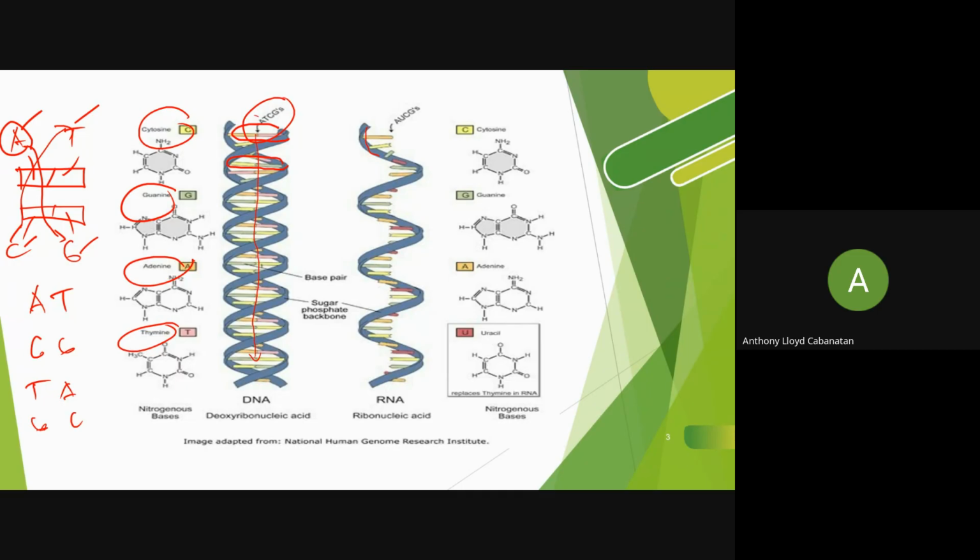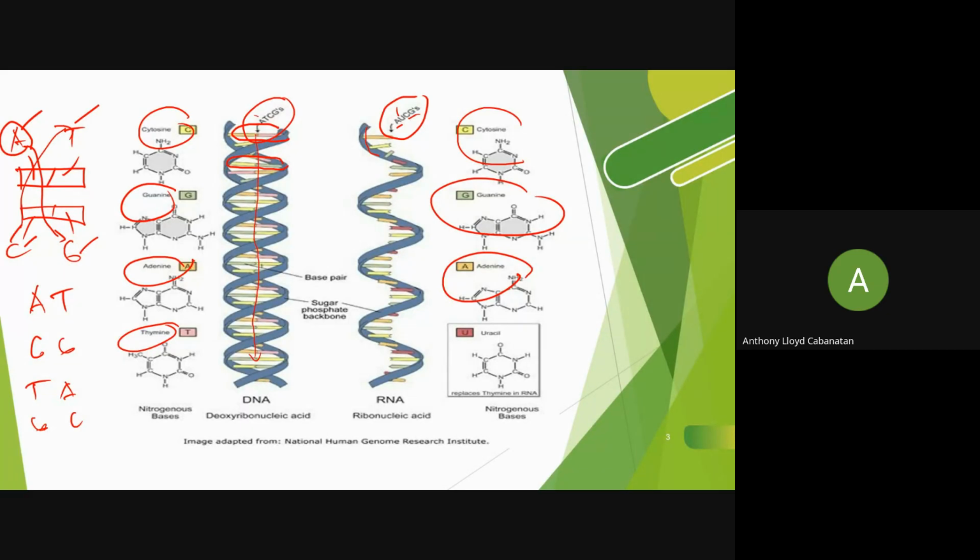How about your RNA? Ano napansin nyo sa RNA maliban sa single-stranded, single helical? Yung kanyang nucleotide, imbis na ATCG, AUCG. Why? Because say natin, A for adenine, C for cytosine, G for guanine. Anong naiba? Anong napalitan? Yung letter T, di ba?